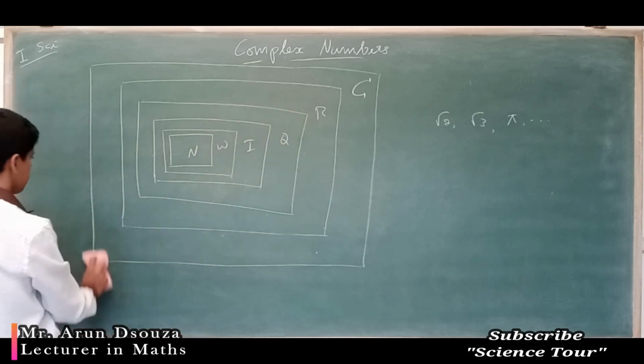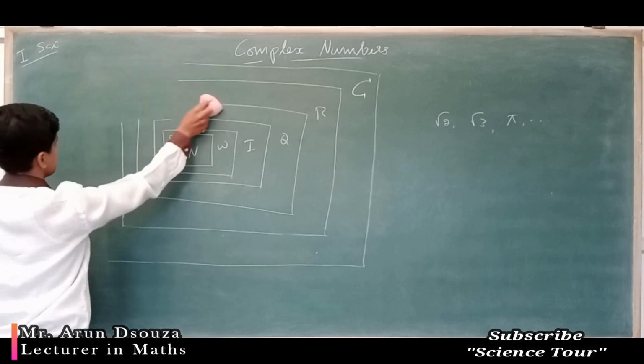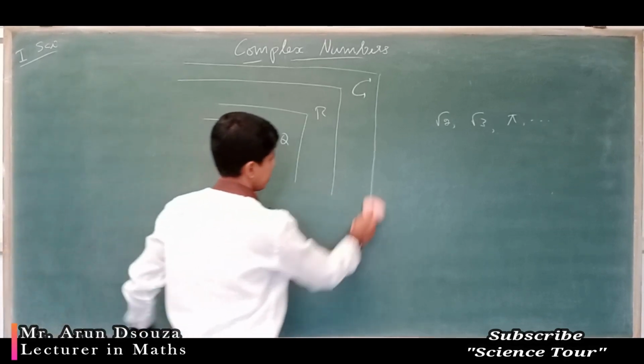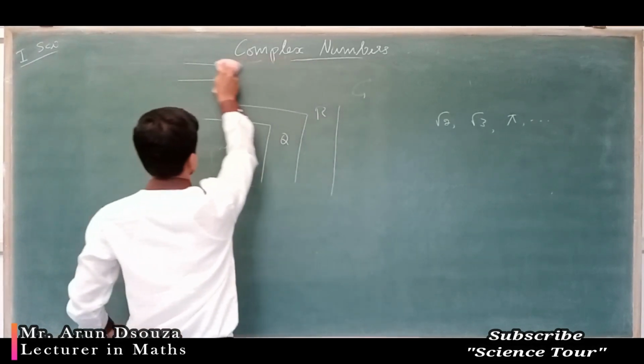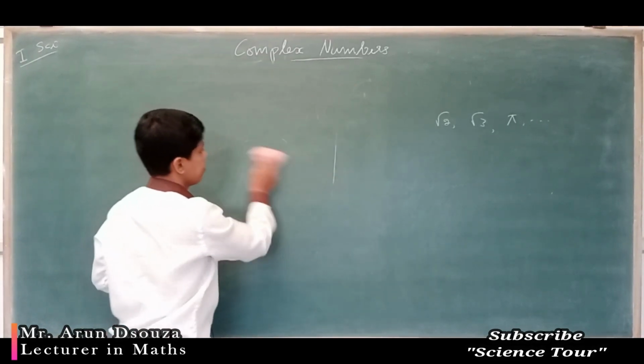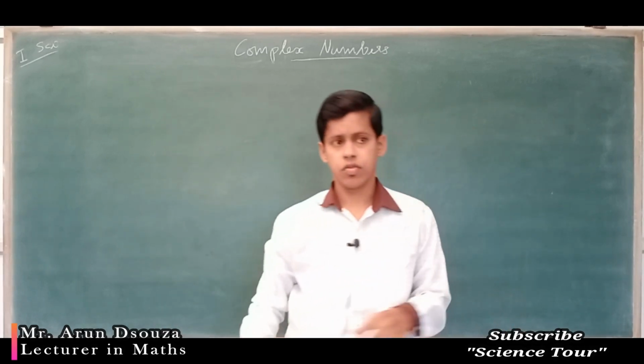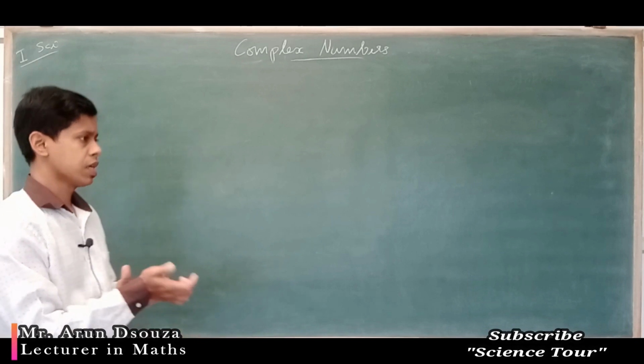Now let us understand why we need those complex numbers. If we don't need them, then we don't have to study them, right? So why do we need them? That makes clear the necessity of this complex number set.